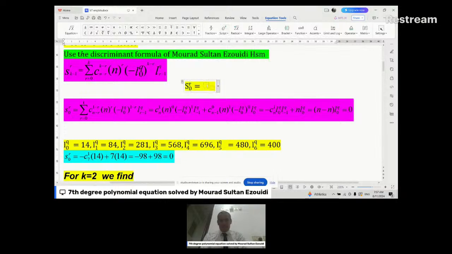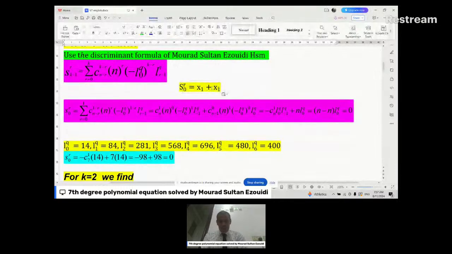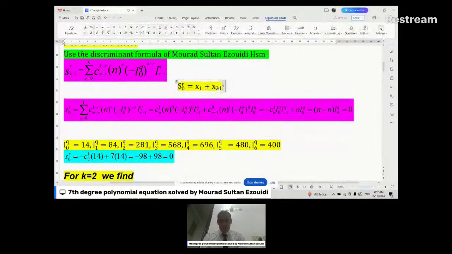It means that S0 is equal to x1 plus x2 plus x3 plus x4.